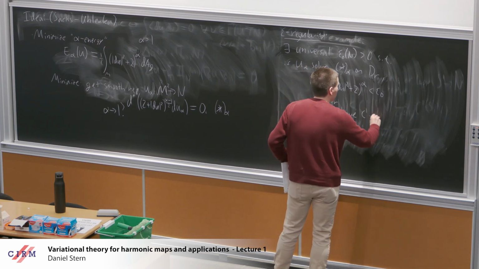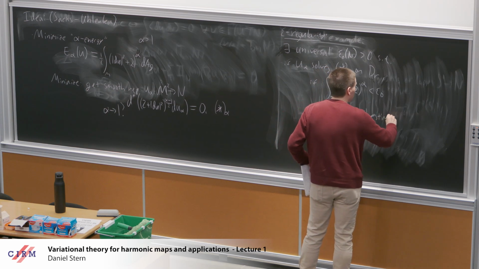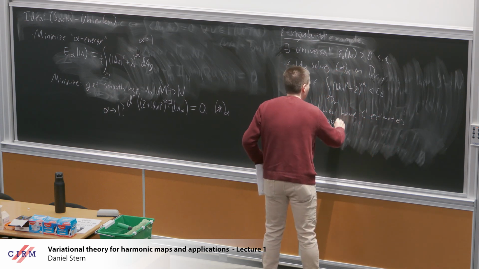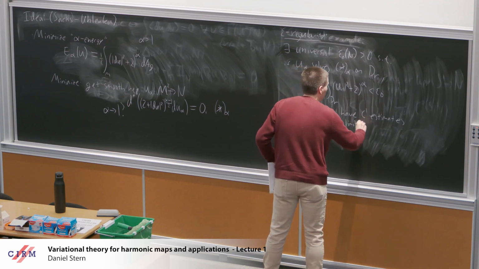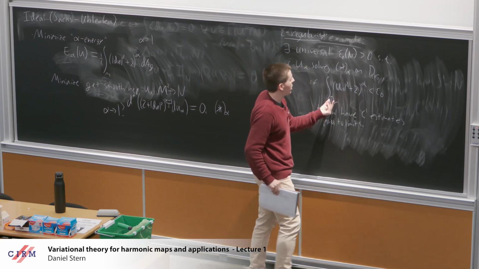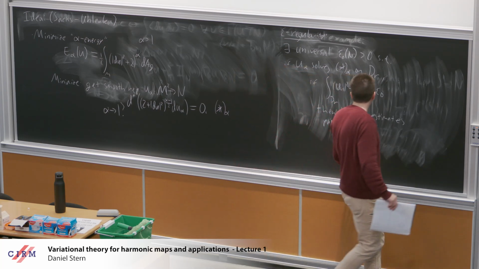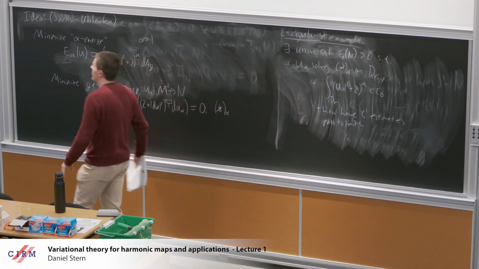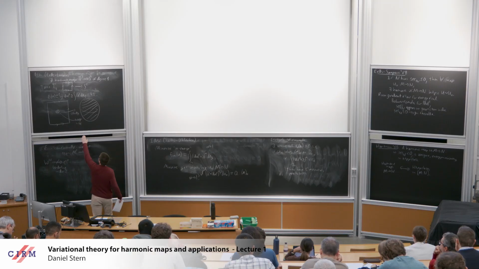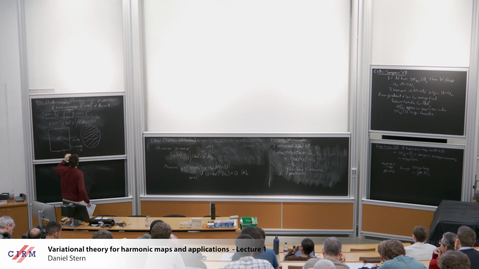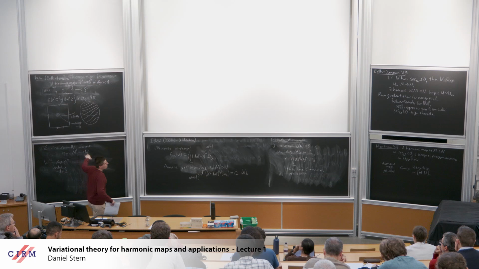So C1 estimates, and in fact even better ones that we can pass to limits. So if our energy is not concentrating on these disks at small scales, then we have nice estimates and we can pass to smooth limits. And if it is concentrating, then we can choose a scale at which to rescale. And as in this picture, if we rescale appropriately, we end up just seeing maps from R2.